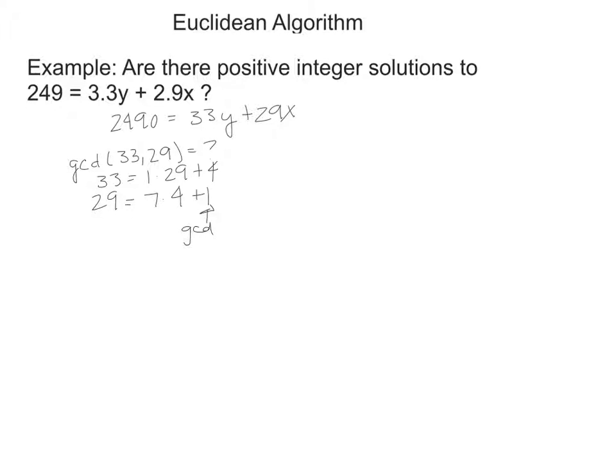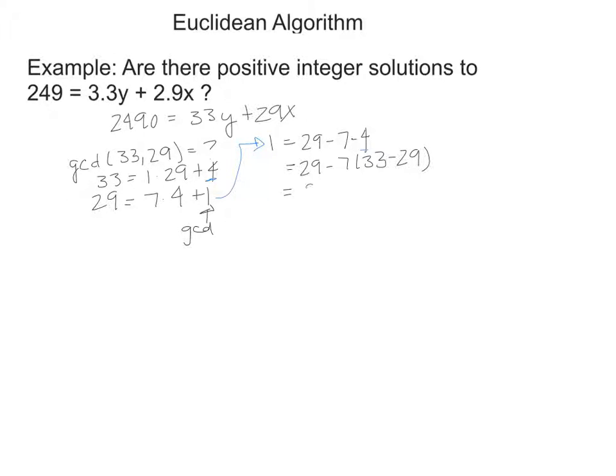And then we work backwards, and we're going to have 1 is equal to 29 minus 7 times 4. But then the next thing is we're going to substitute this 4, and we're going to have equals 29 minus 7 times (33 minus 29).